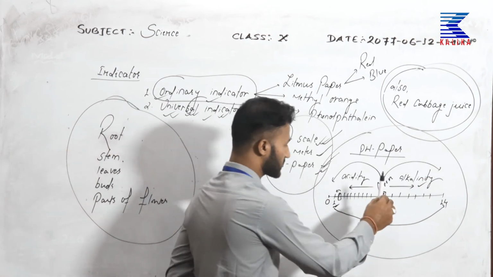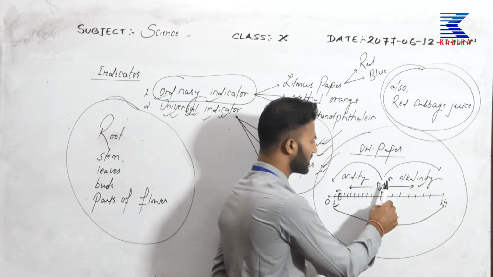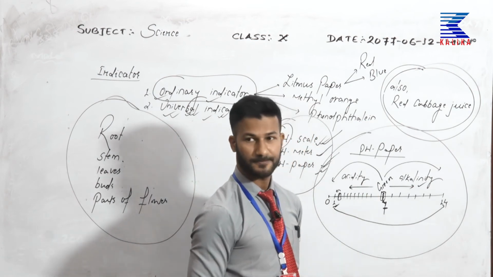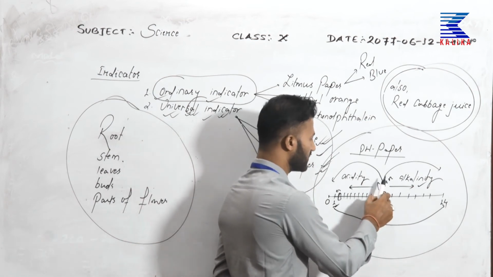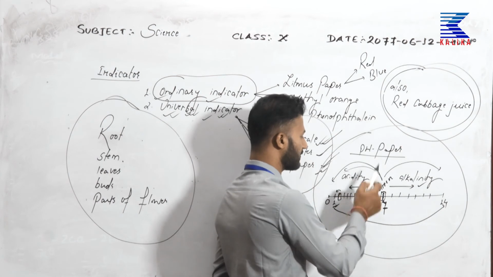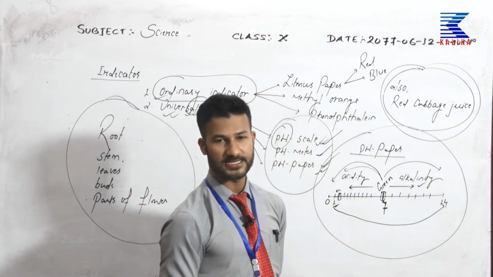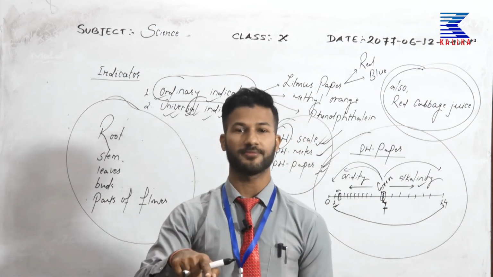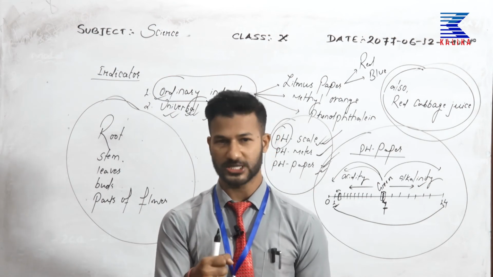So, a substance with pH 7 represents a neutral substance, and a substance with pH less than 7 indicates the given substance is acid. The lower the value you find, the stronger it is.